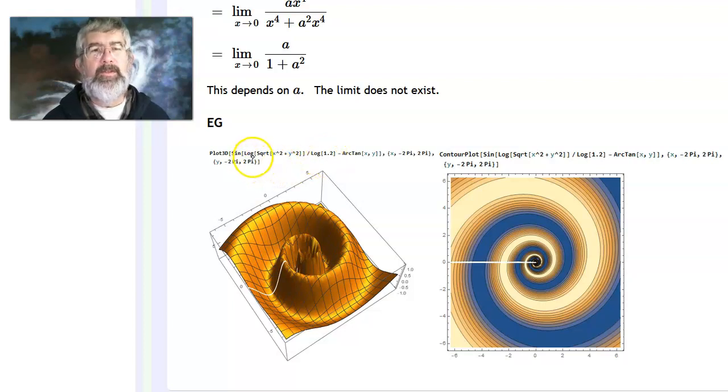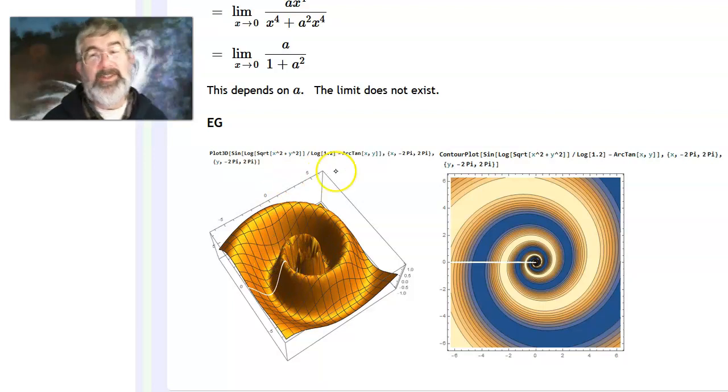So actually you can think of this as log base 1.2. And then minus the arctan. That minus arctan is inside of the sine. So I've got log of the square root of this stuff minus arctan, and then take the sine of all of that.